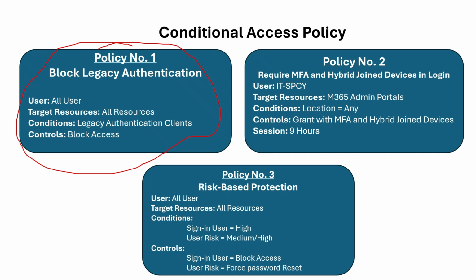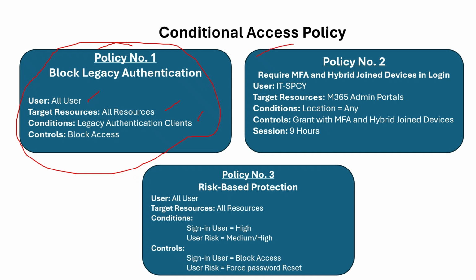Since legacy authentication is a common attack vector, we apply this to all users and all resources, and explicitly block legacy client apps. Bottom line, if it can't enforce MFA, it doesn't get access.